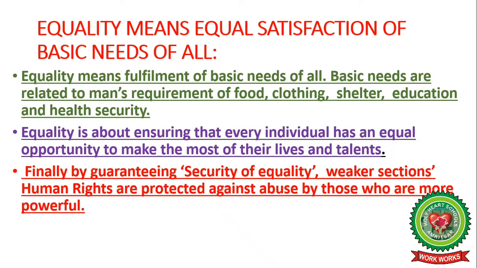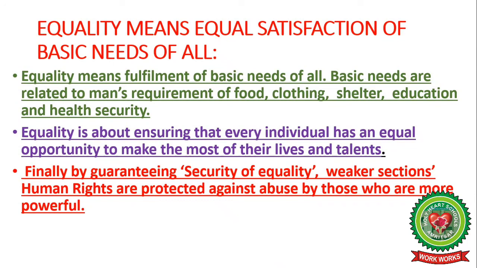Finally, by guaranteeing security of equality, weaker sections' human rights are protected against abuse by those who are more powerful. Yes, government tries to provide equality for the protection of the weaker section. This is a responsibility of the government, especially in a democratic nation.